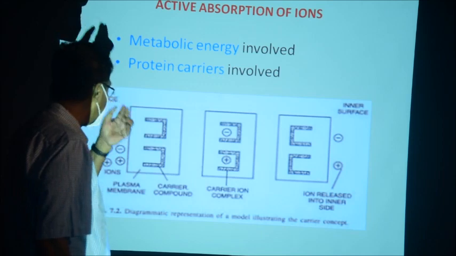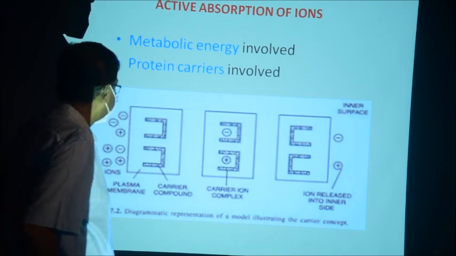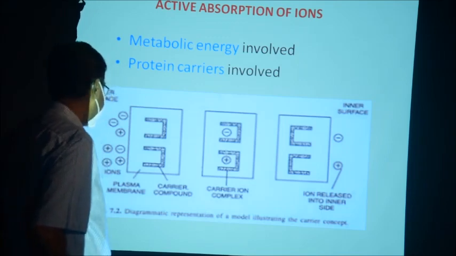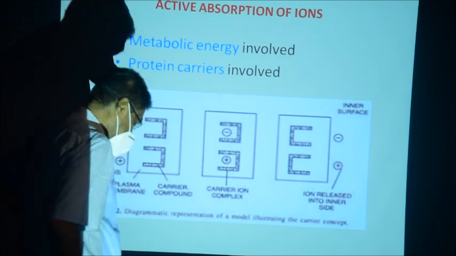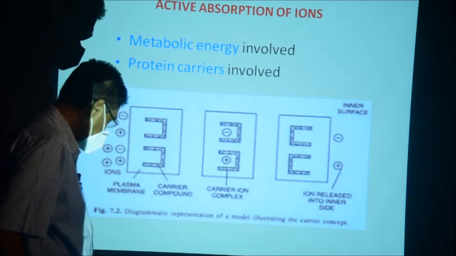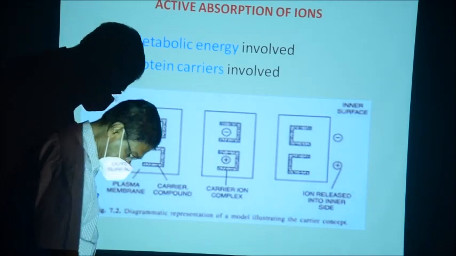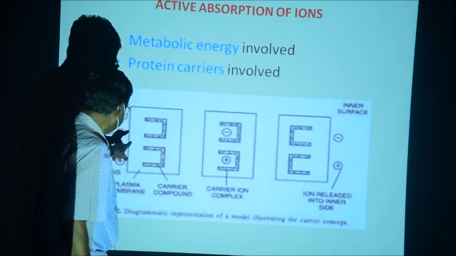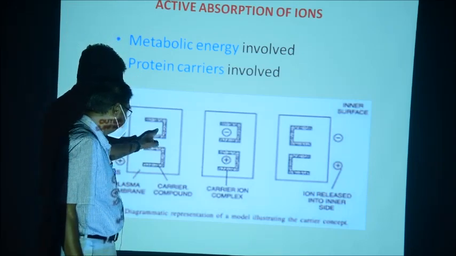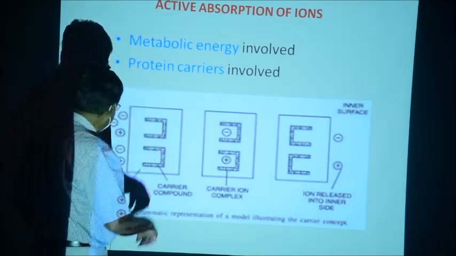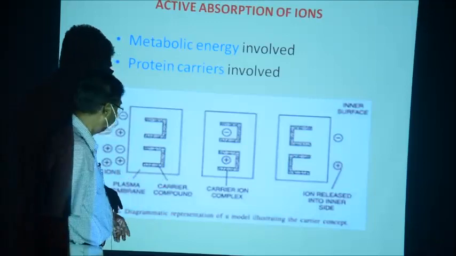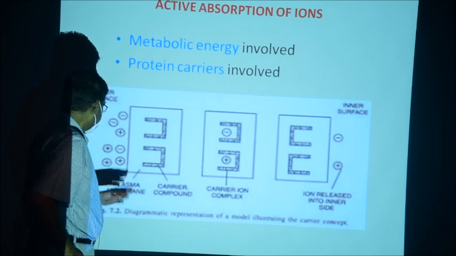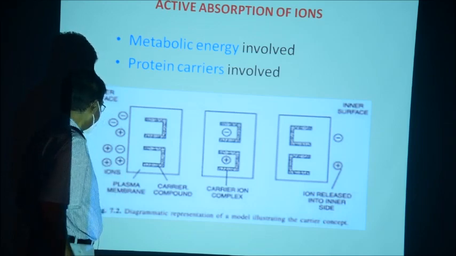Now coming to active absorption. Active absorption involves metabolic energy and there is involvement of protein carriers. These are the protein carriers. In one of the classes we have discussed about these carriers.